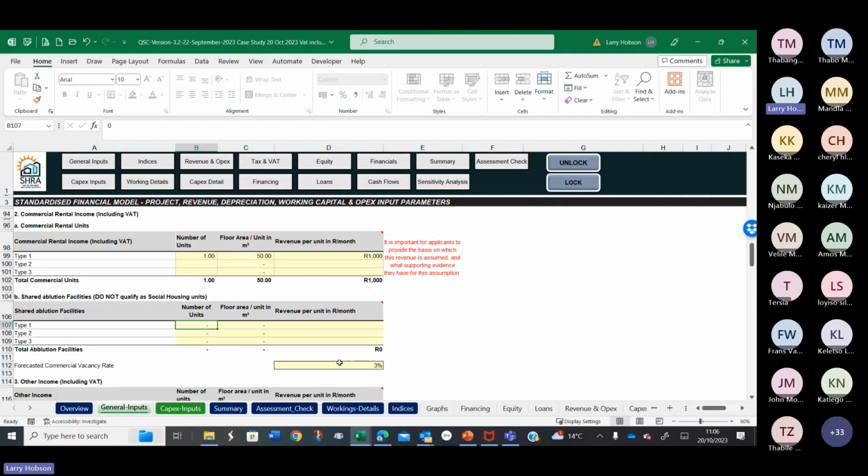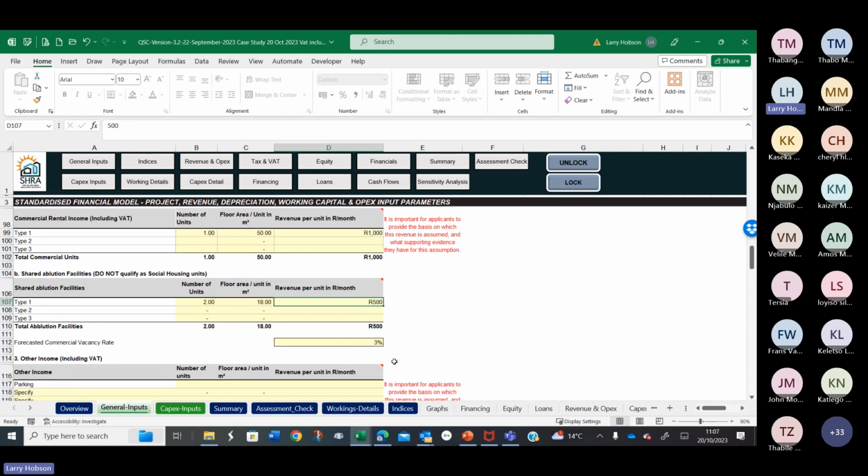So if you've got something with rooms and communal facilities, you would enter them in the year. They would come in as other income. So let's say we've got 2 of these, and they're at 18 square meters, and we're earning 500 in rent from them. And our vacancy rate for commercial, we'll just leave it at the default of 3%.